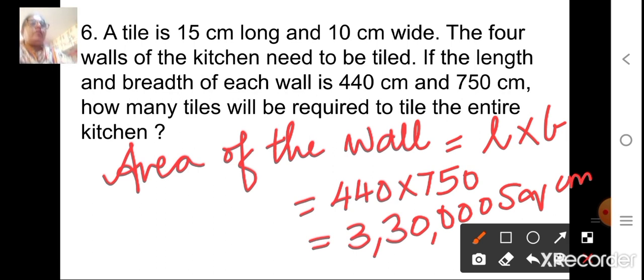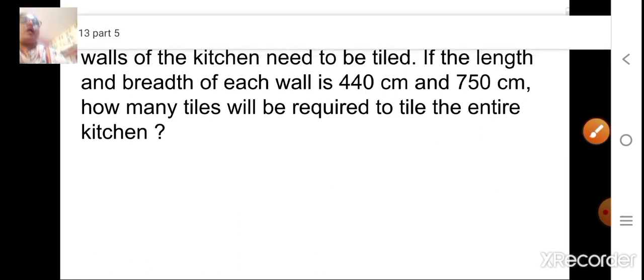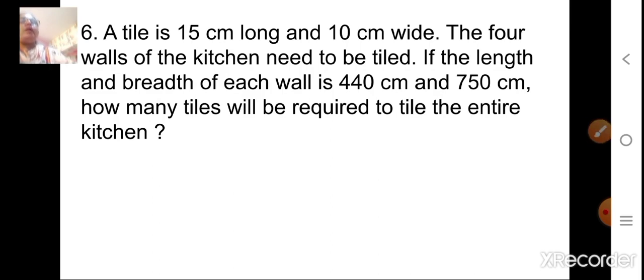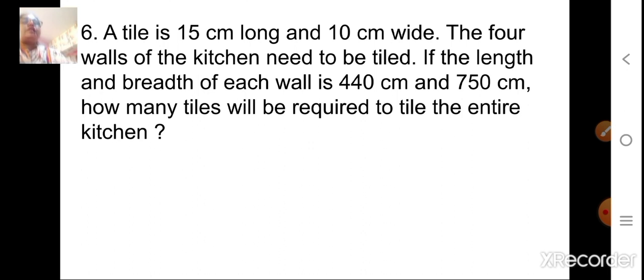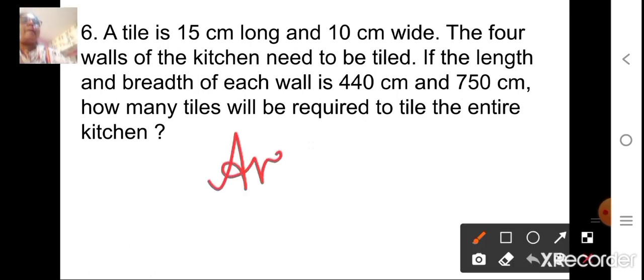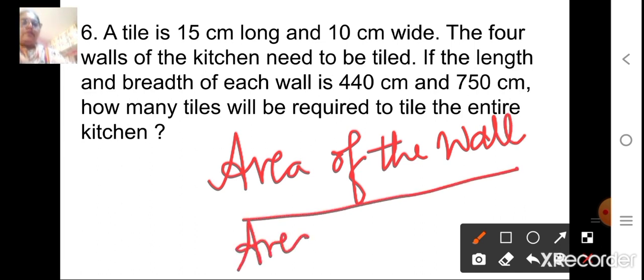Now to find the number of tiles required to tile the entire kitchen, first let us find the tiles required for one wall. To find the number of tiles required for one wall, we will divide the area of the wall by the area of each tile, which we have already found.